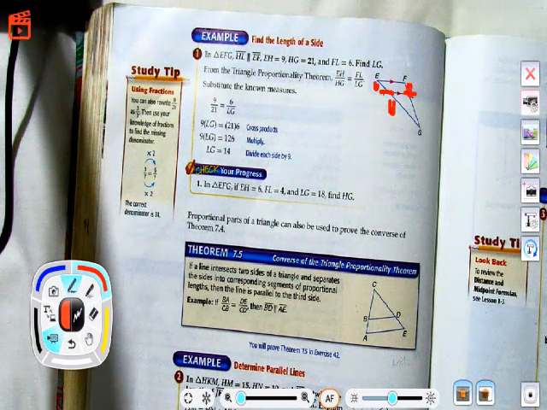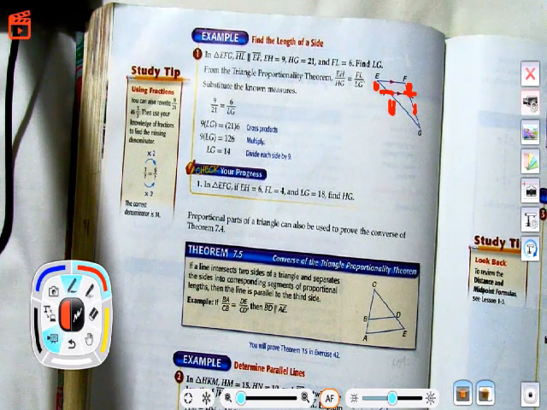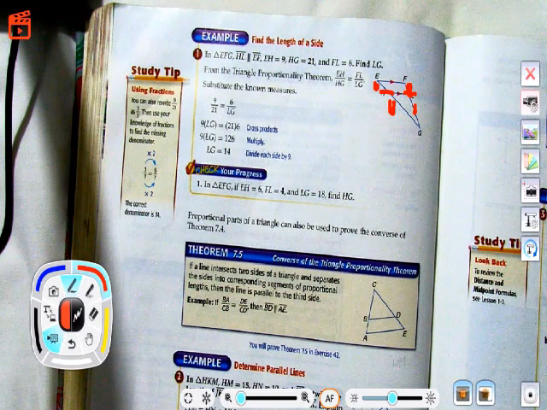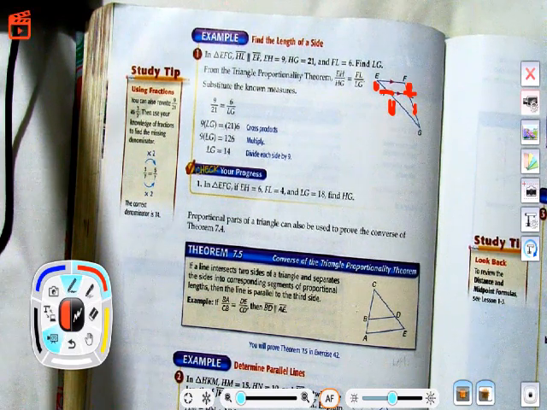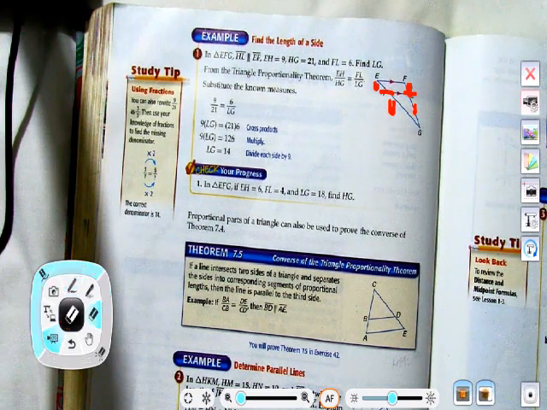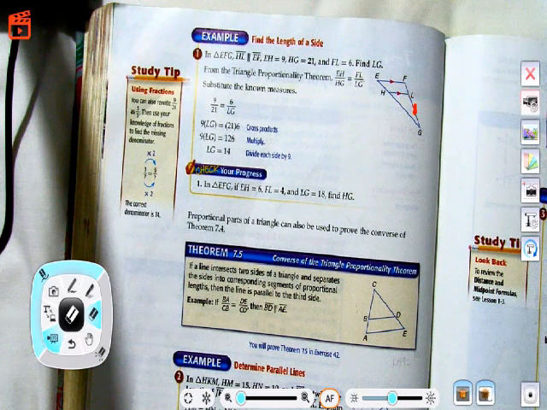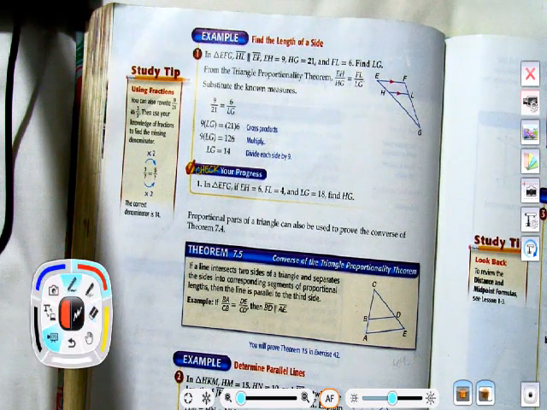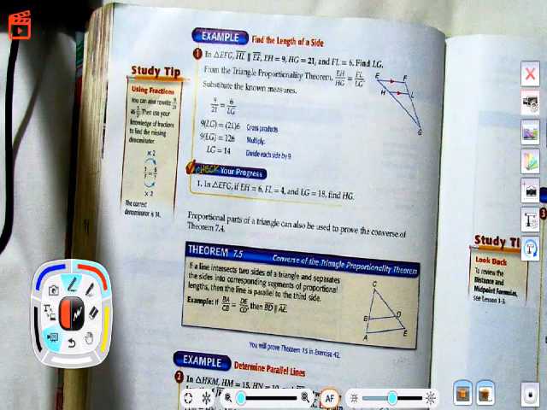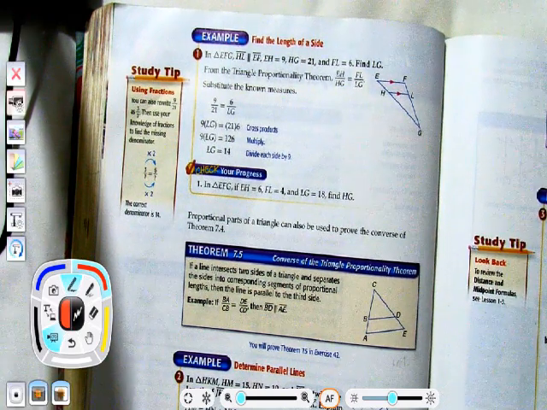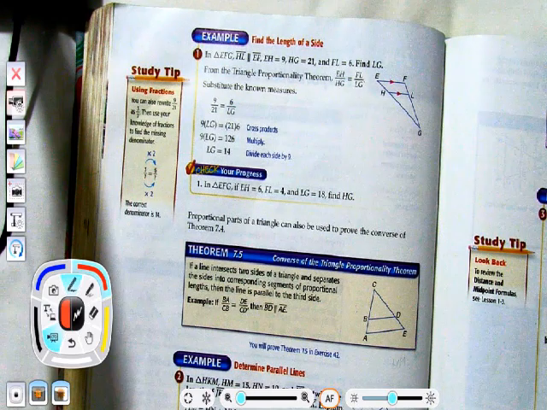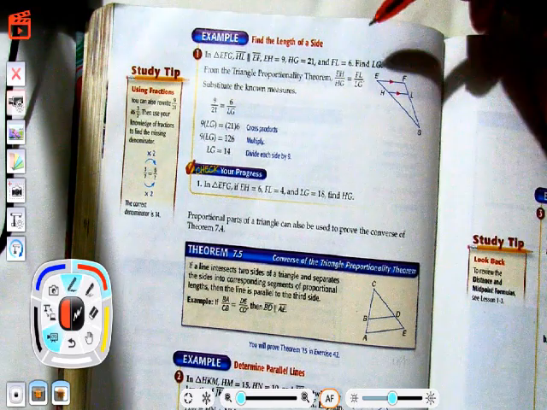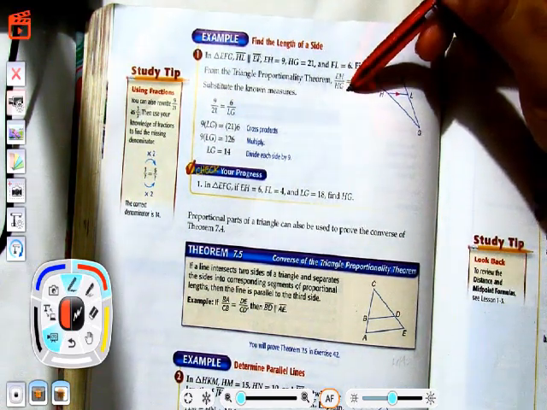So that gives us EH over HG equals FL over LG. You see, EH over HG equals FL over LG.